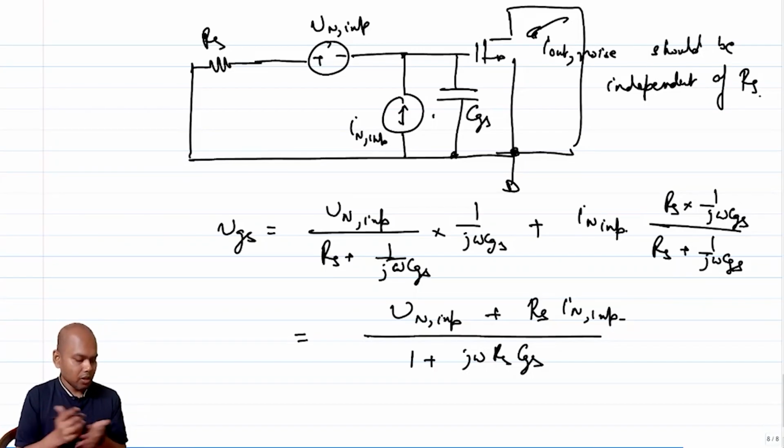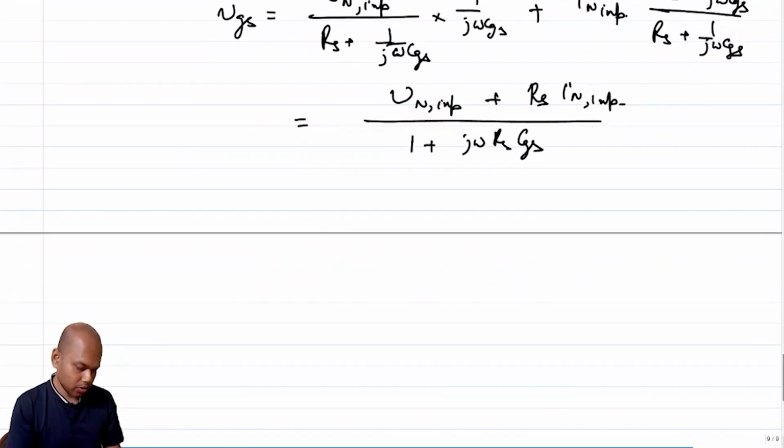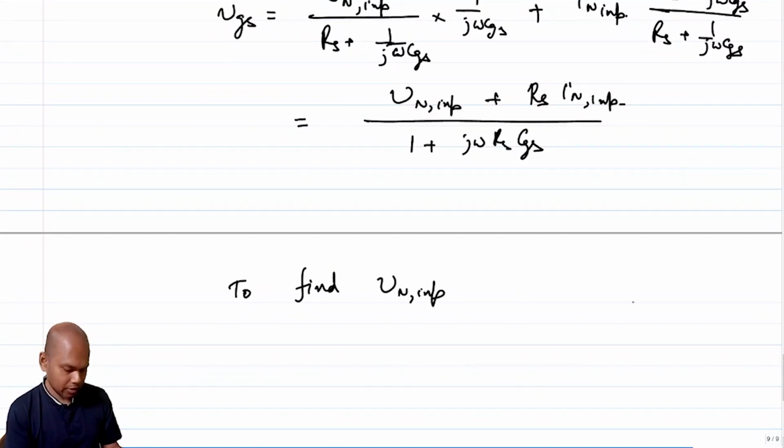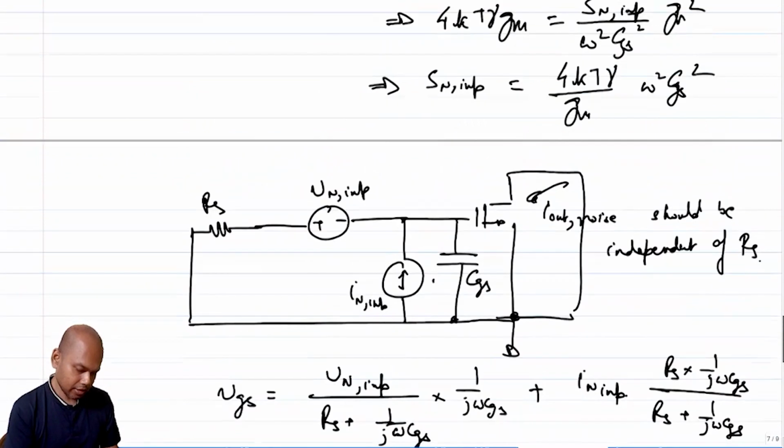Now what can I do? I've already established that if Rs is equal to 0, the effect of In INP does not come out. So to find Vn INP, short Rs.